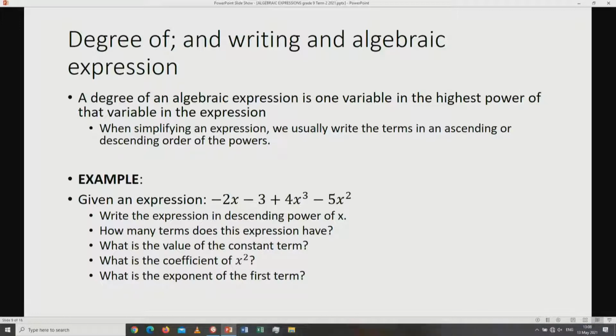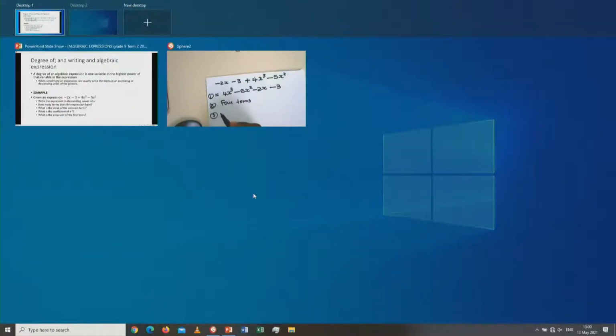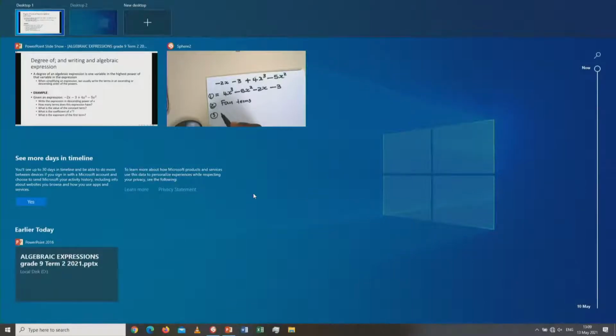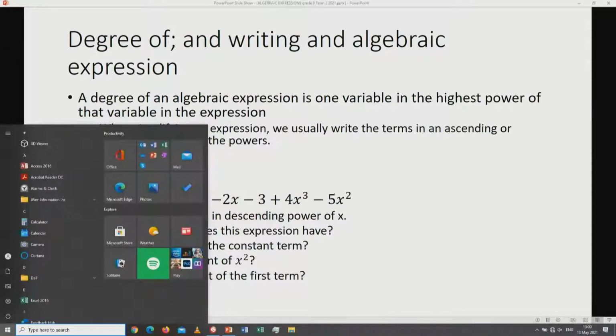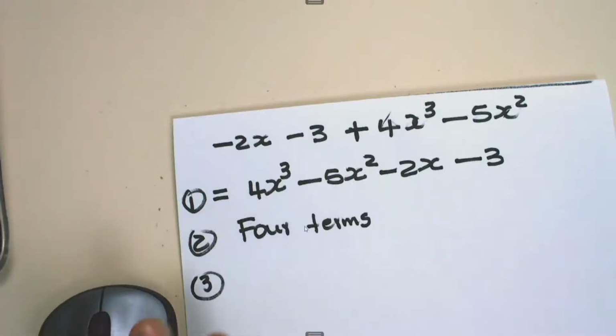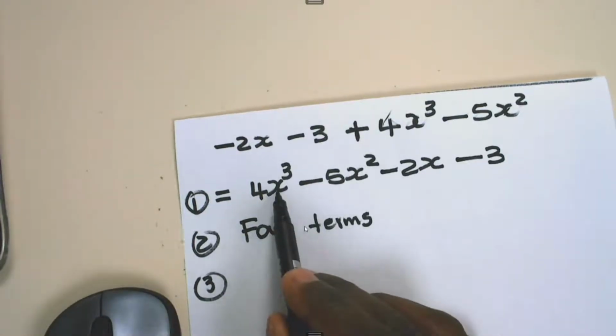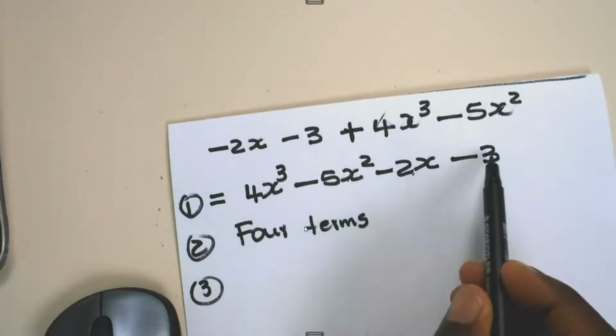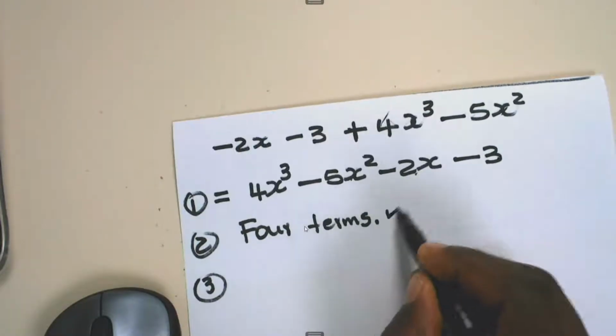In this case, it is 4 terms. It is 1, 2, 3, 4, and that is why I'm saying 4 terms.